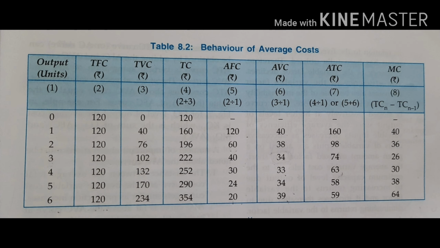Here also in marginal cost you are using the same formula; only the concept is changing, and the application and derivation of the formula remain the same. So this is all about the theory part of the average and marginal cost curves. Now we come to the diagrammatic part and the relationship between all these cost curves.